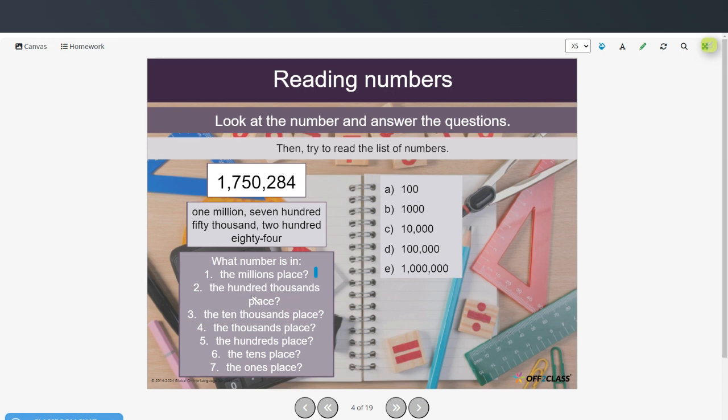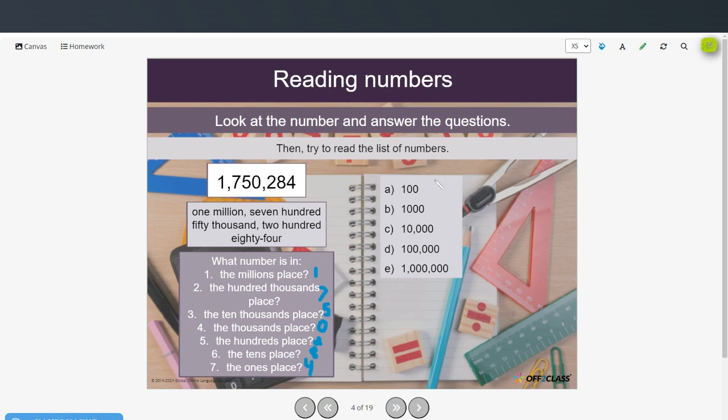The hundred thousands place, that would be the number 7. The 10,000s place, that would be the number 5. The thousands place, 0. The hundreds place, 2. The tens place, 8. And the ones place, 4.